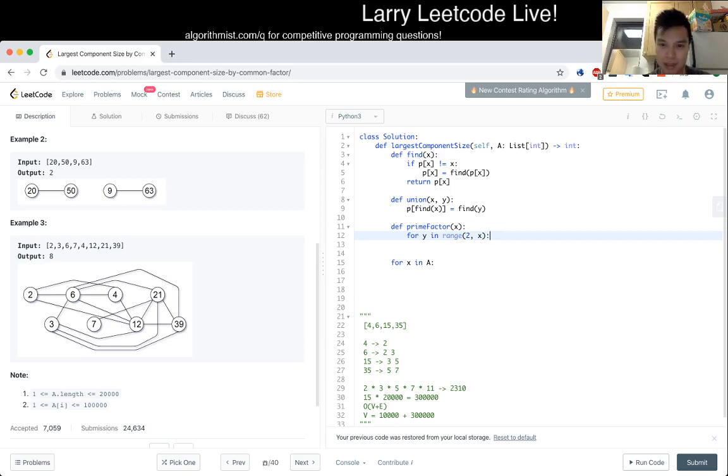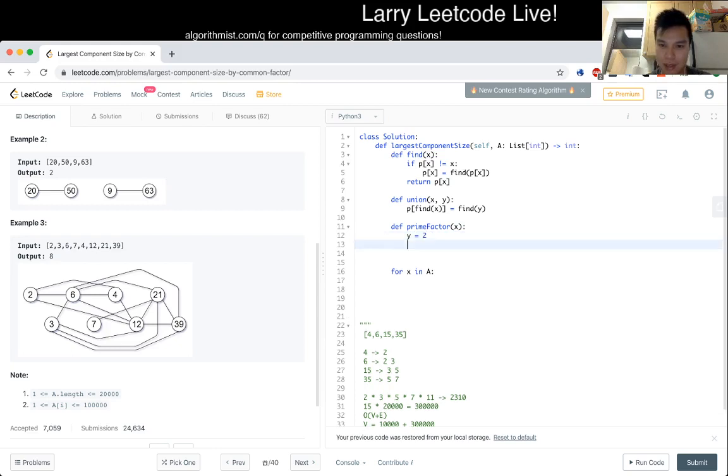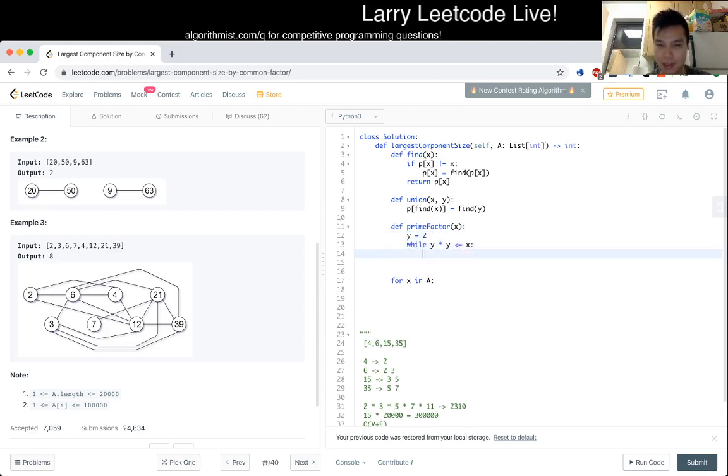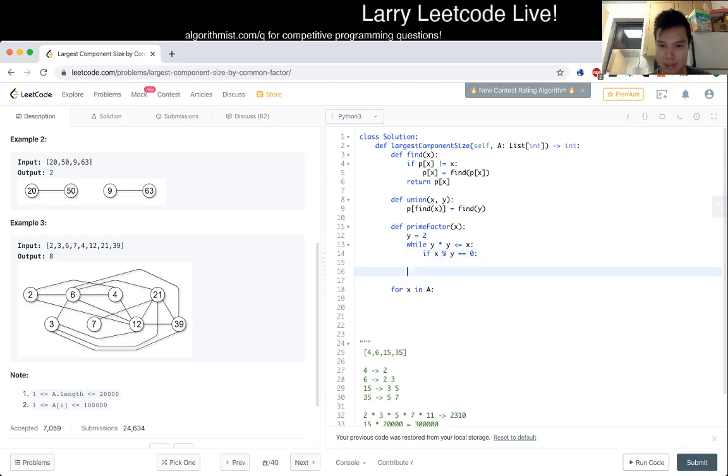Okay, let's just use the while loop. y is equal to 2, while y times y is less than x. Then if x mod y is equal to 0, that means there's a factor, then let's have a result list.